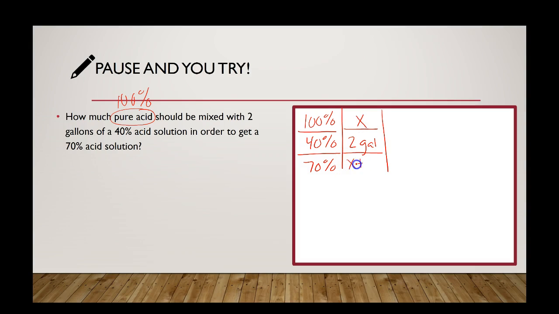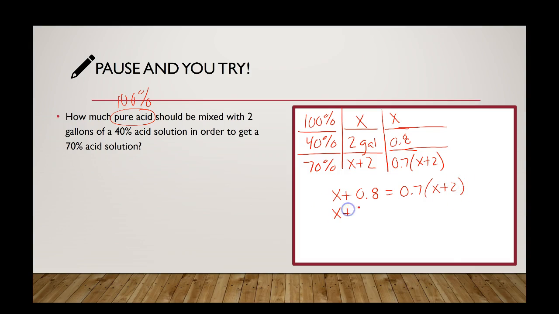But then I know x plus 2 would give me my 70%. So that's what your table looks like. Now 100% times x is just x, or 1x. 40% times 2 is 0.8. And then the last one is that. So we have x plus 0.8 equals 0.7 times x plus 2.